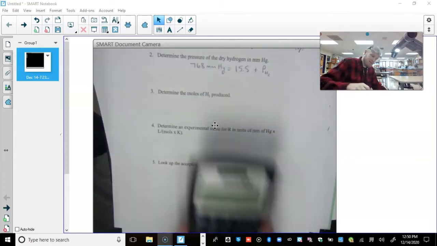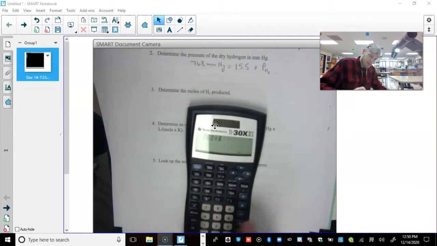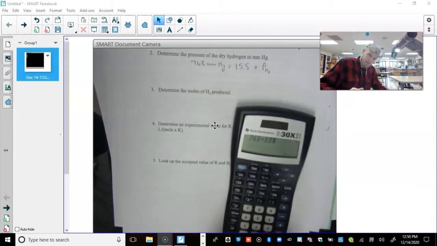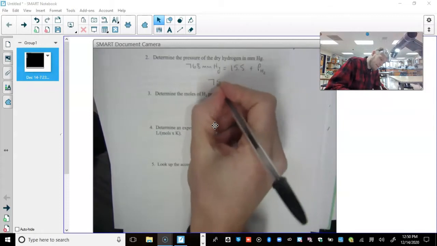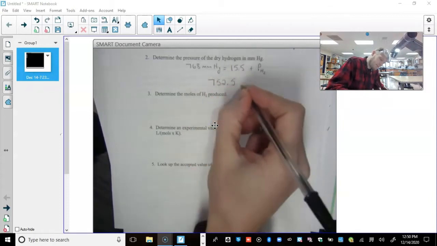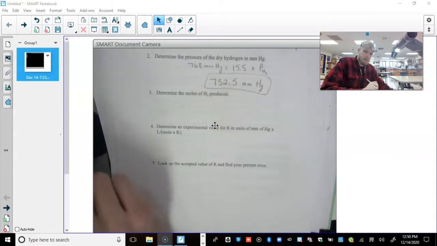I subtract these numbers out. 768 minus 15.5, 752.5. So that's my partial pressure of the dry hydrogen gas.